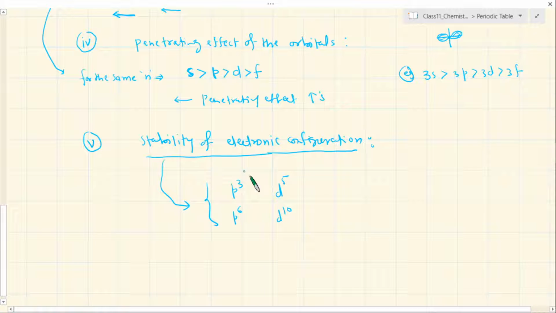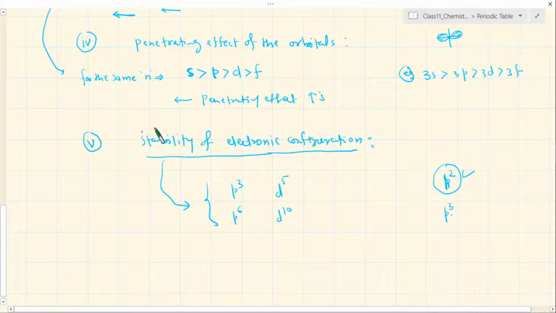So if you have to remove the electron from these orbitals versus, for example, the electron from a p2 electronic configuration versus the electron from p3, it will be easier to remove from this compared to this one, because this is the most stable electronic configuration. Similarly, from p6 you cannot easily remove compared to p2 or some other electronic configuration.